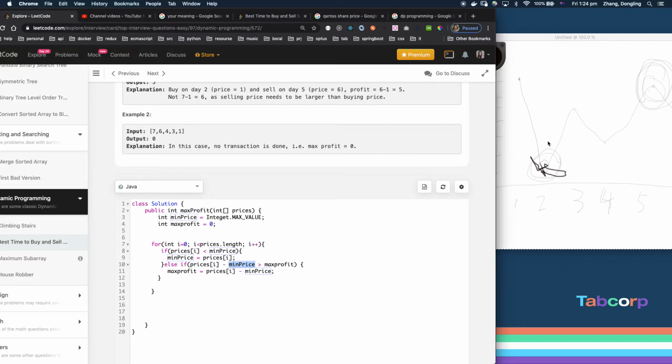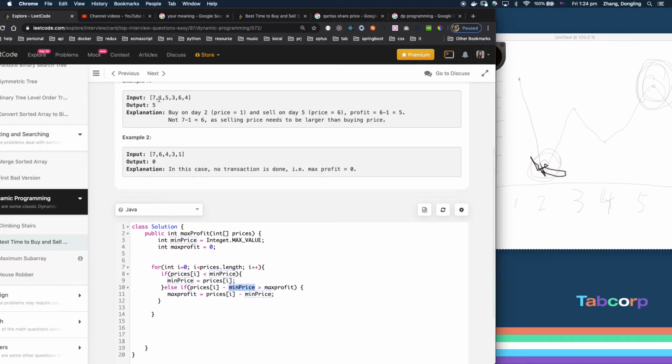The second time the price is 1, and the min price is also updated to 1, so you don't need to update the profit. Then when it comes again, it updates the max profit. Both points won't update until you go to here, where the max profit updates. Once the loop finishes, you return the max profit.